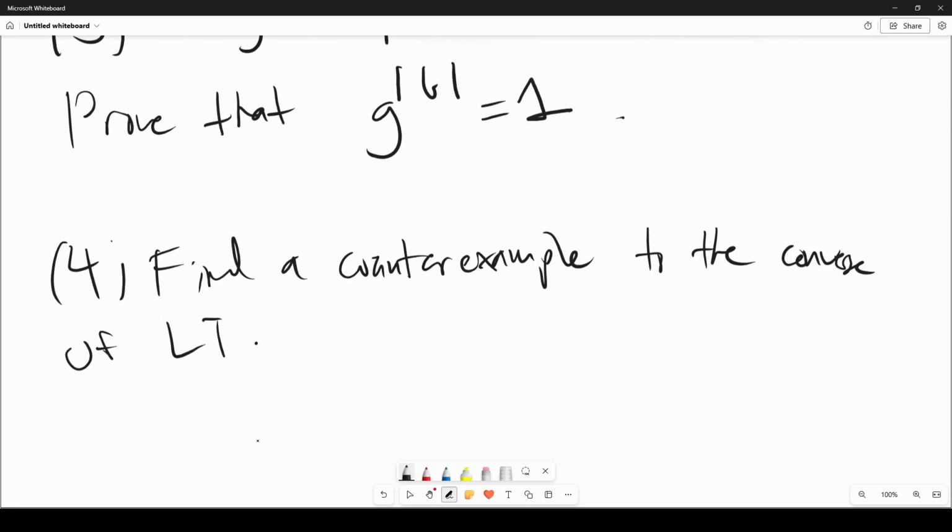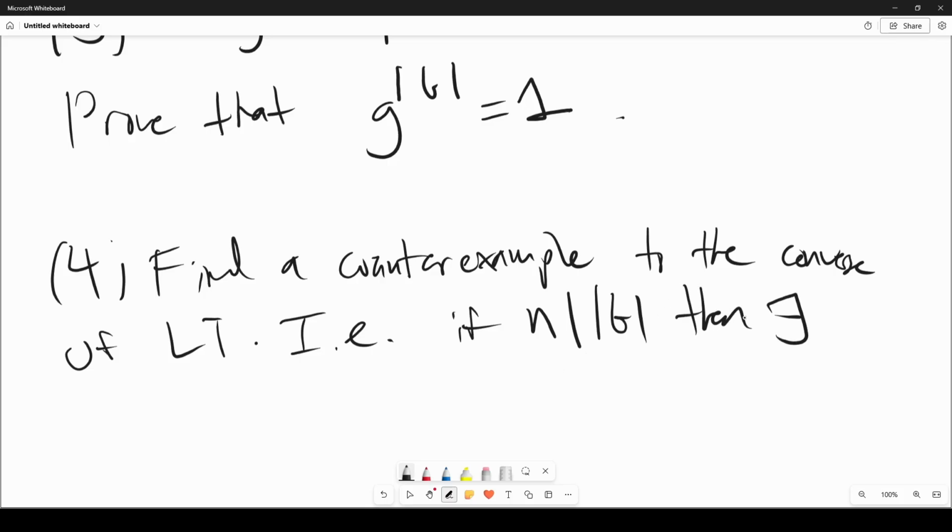So what I mean by that is, for example, if some number n divides the order of a group G, then there exists a subgroup H of G where the order of H equals n.